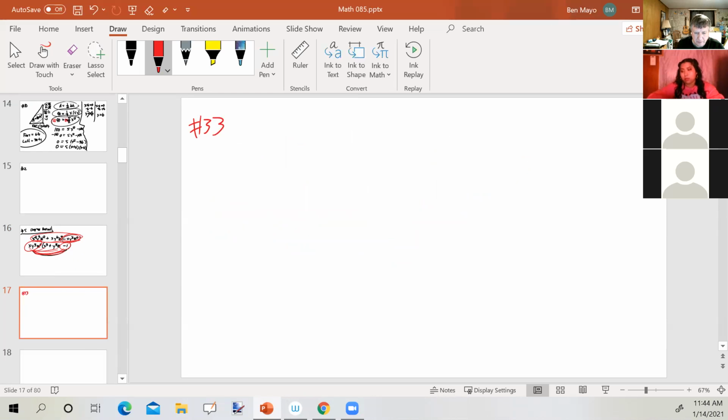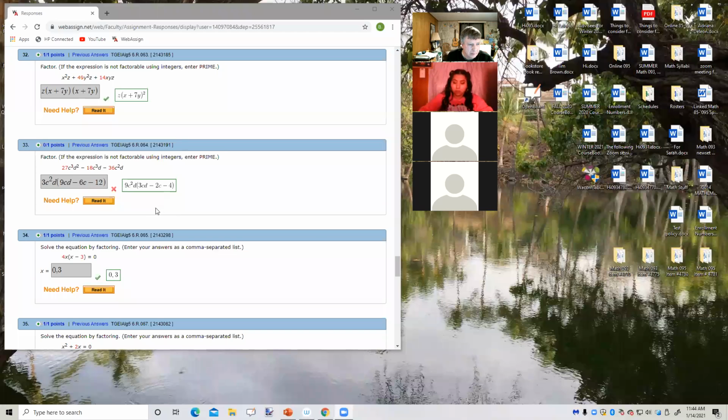And can somebody tell me here, you can see the correct answer over here. Look at the answer the student had. Look at what's inside the parentheses. Can you see that there's still more that can be taken out?